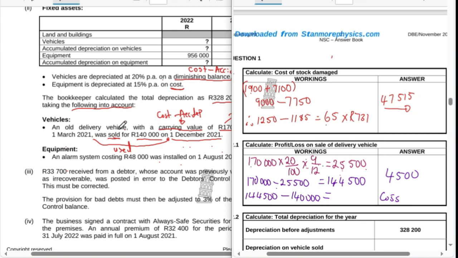Whenever you sell a vehicle, if you bought your vehicle maybe for example for 120,000, and then you start using your vehicle to do whatever you do, whenever you sell that vehicle, you are not going to sell it using the same amount that you purchased the vehicle for, but you need to sell it using the carrying value.